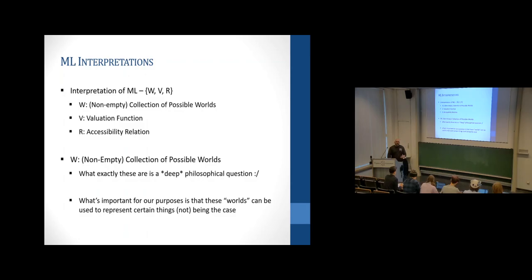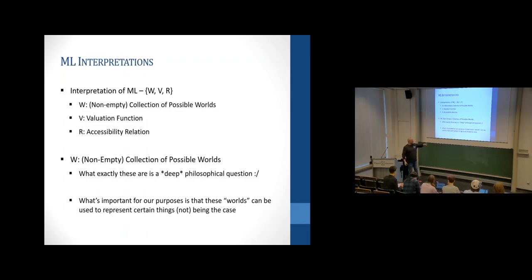So let's talk about them one by one. First, we have W. It's a non-empty collection of possible worlds. Now, what exactly possible worlds are is a deep philosophical question, one that people are still debating about, one that I'm really interested in. But we can dodge that for now. For the logical aspect, we don't really care. We can think about them just as collections of sentences.